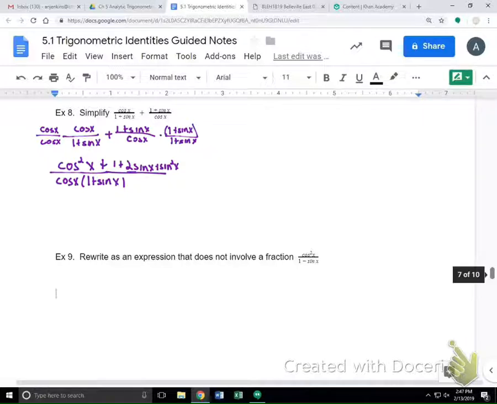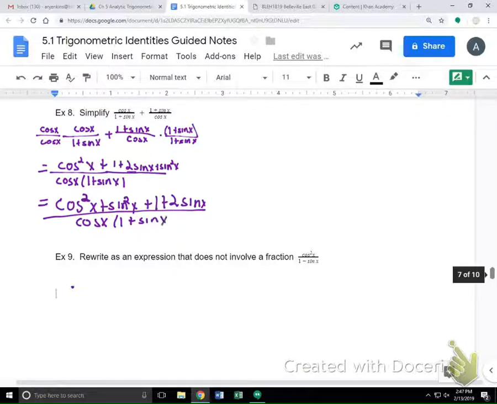So, you see a cosine squared? We have cosine squared x plus sine squared x. Do you see what's happening? Plus 1 plus 2 sine x all over cosine x times 1 plus sine x.